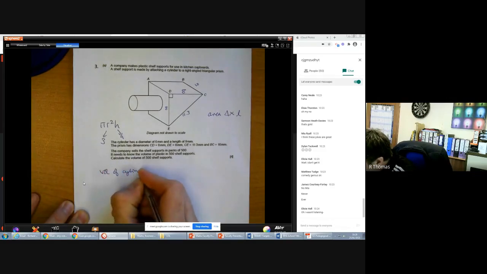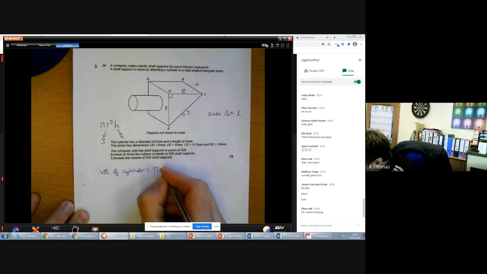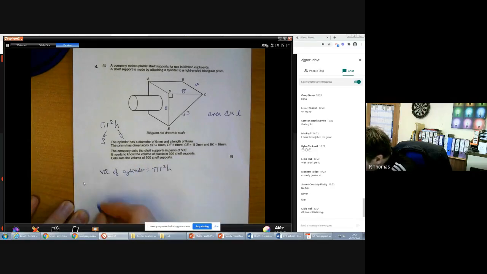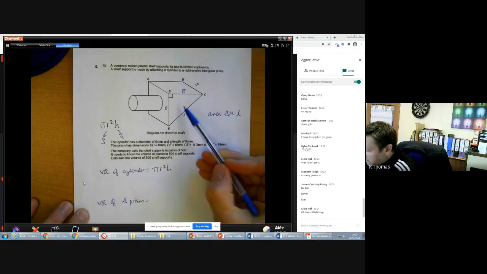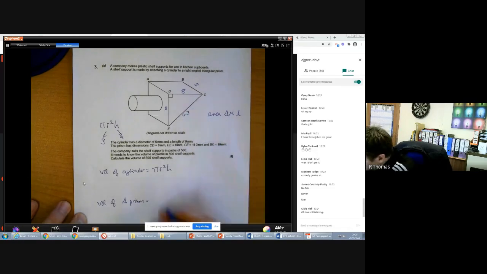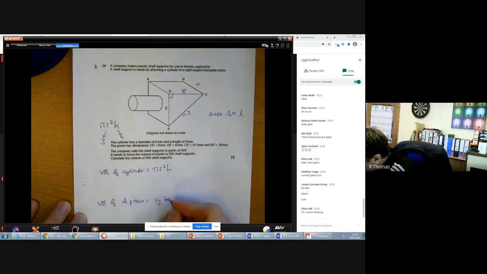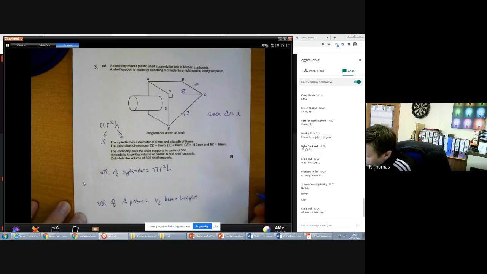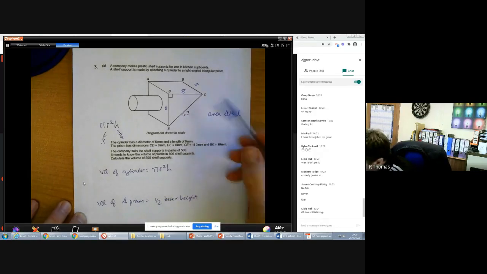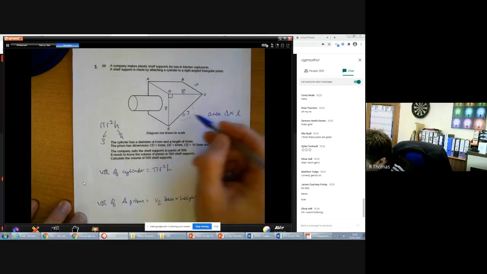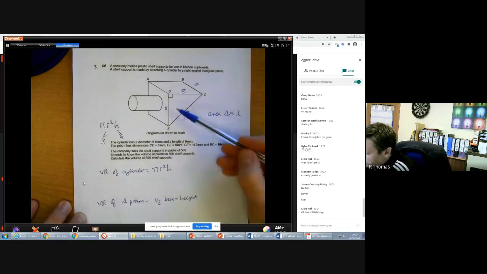And the volume of the triangular prism, right, so area of the triangle is half the base times the perpendicular height. So the dummy number here that you don't need is this one. You don't need that. To get the area of this triangle, I'm going to call this the base and that the height, right? Half of that times that gives me this cross-sectional area.